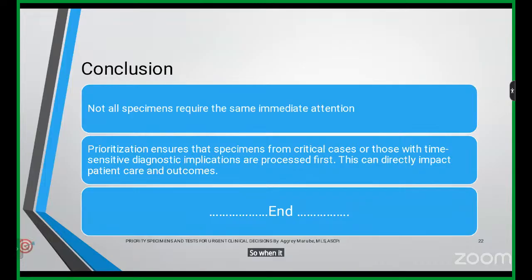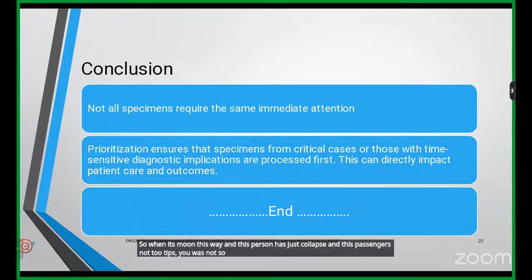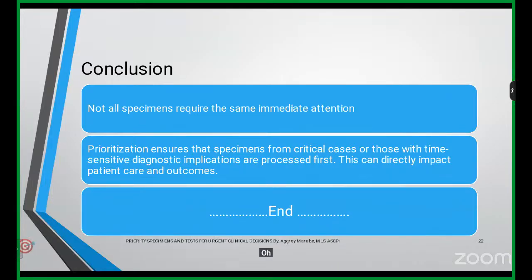So when it's known this way, and this person has just collapsed, and was not so tipsy to an extent that it could warrant falling asleep by the road, this is an issue that should be considered for emergency case.